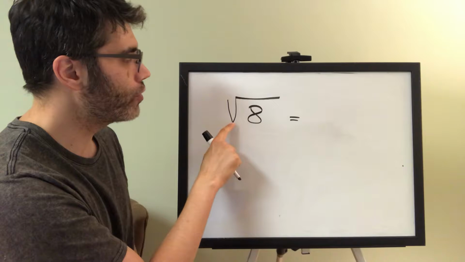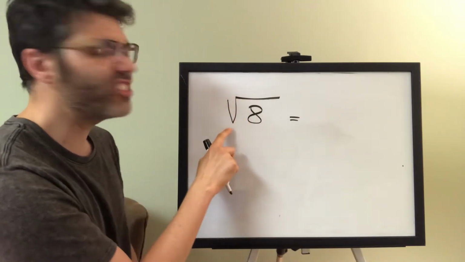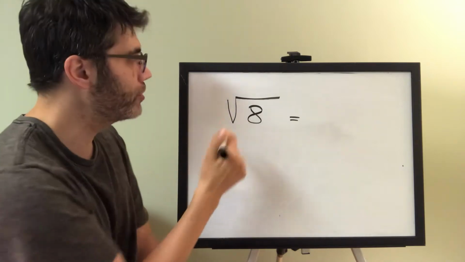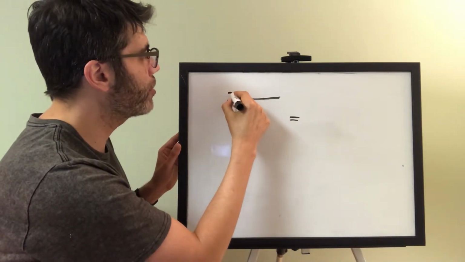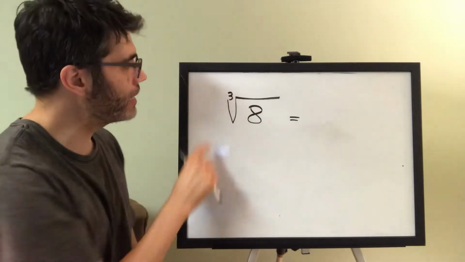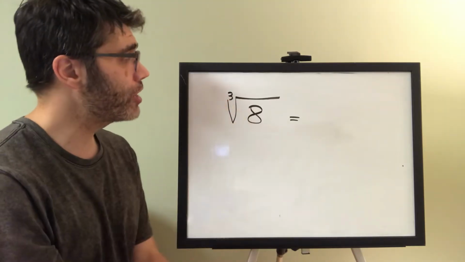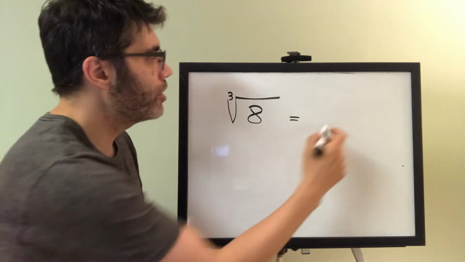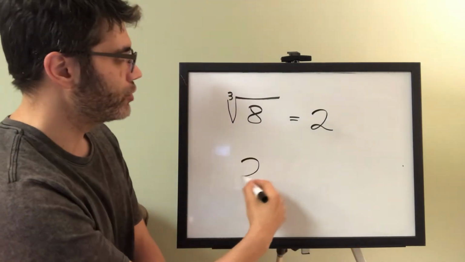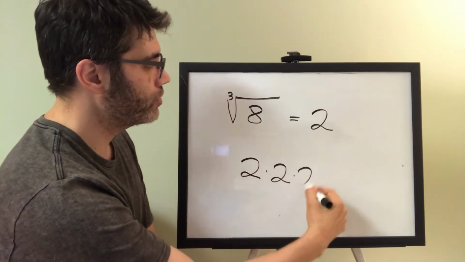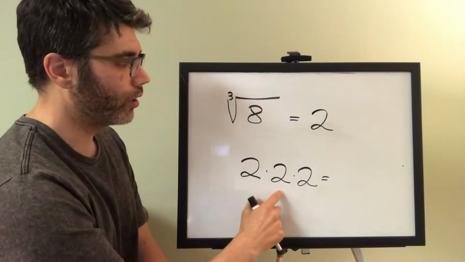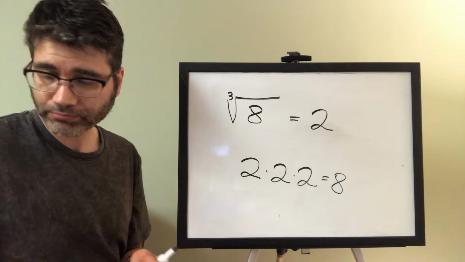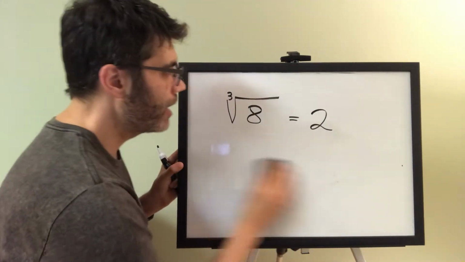By the way, because this looks a lot like a square root right here, in order for me to designate that I want the cube root, I'm going to write a little 3 right there, right in this V. And that is showing me that I want to have the cube root of 8, not the square root. So the answer is 2, because 2 times 2 times 2, let's see, 2 times 2 is 4, 4 times 2 is 8. So the cube root of 8 is 2. That's what a cube root is.